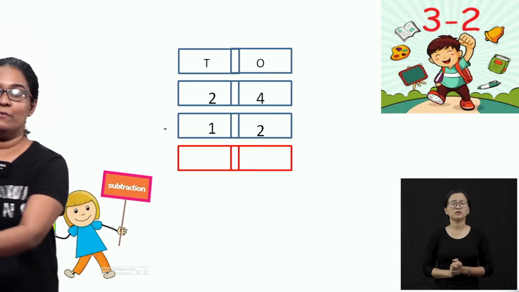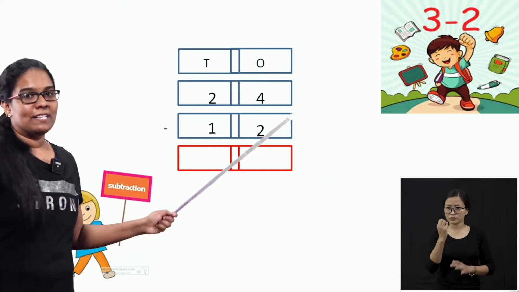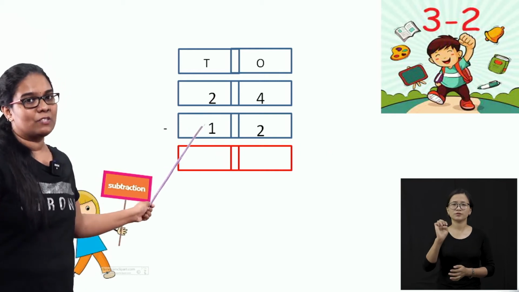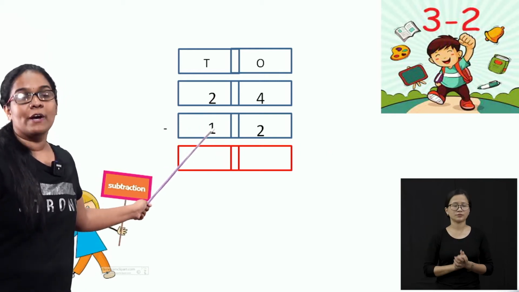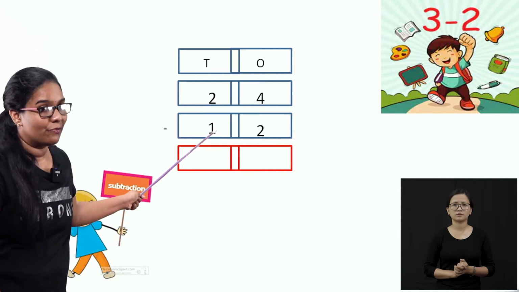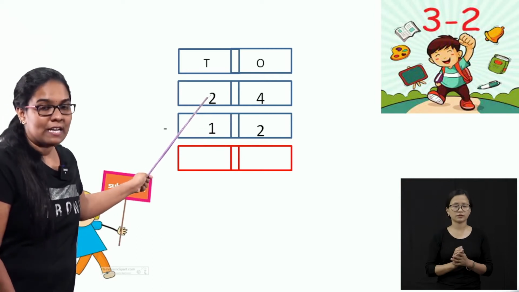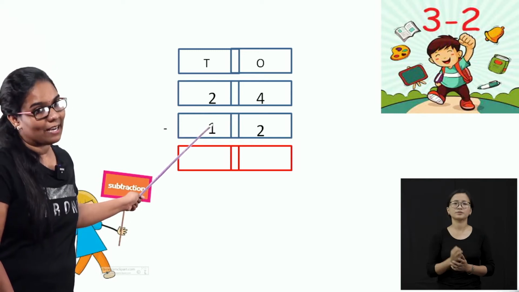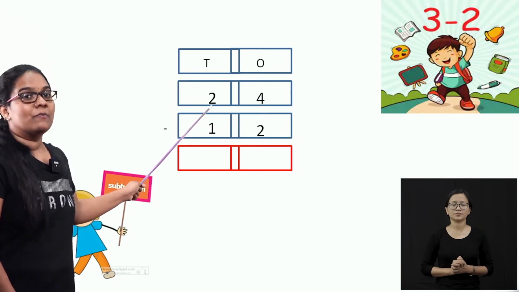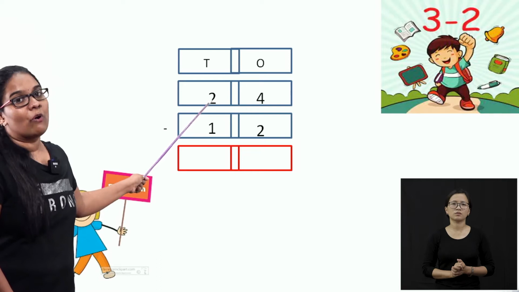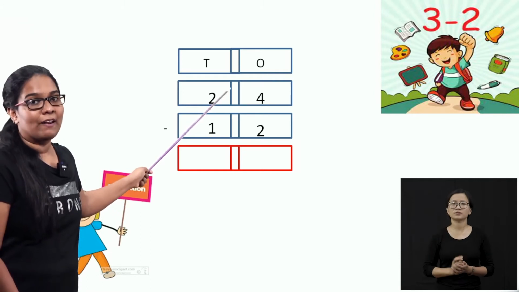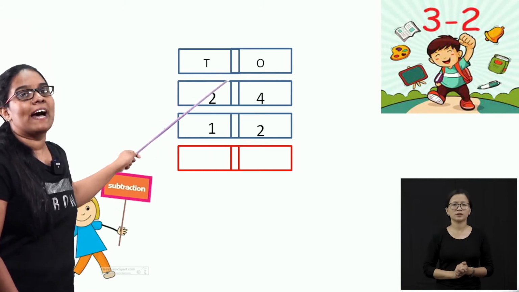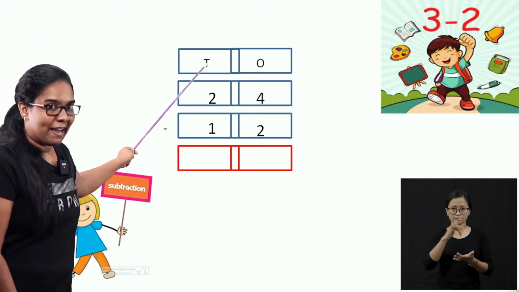Here we have two numbers, 24 and 12. We are going to subtract 12 from 24. These two numbers are two-digit numbers. We already know that 24 is a two-digit number, and 4 is in the ones place and 2 is in the tens place.